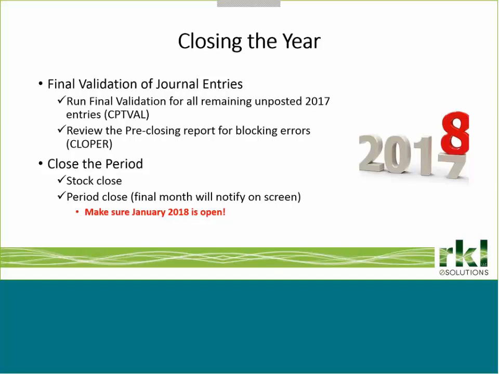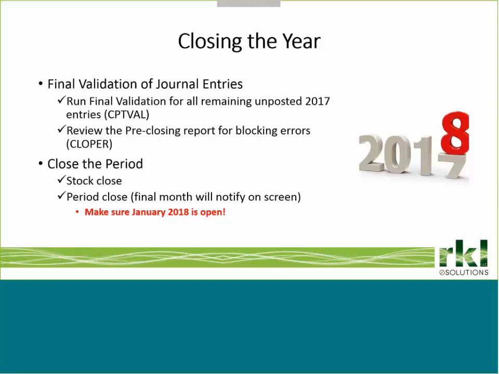So at that point, if you've got no errors and all your temporary entries are final, you can then close the period. Just make sure that the stock period is also closed. And when you close out period 12 of any year, it'll also tell you that it's the final month of the year.